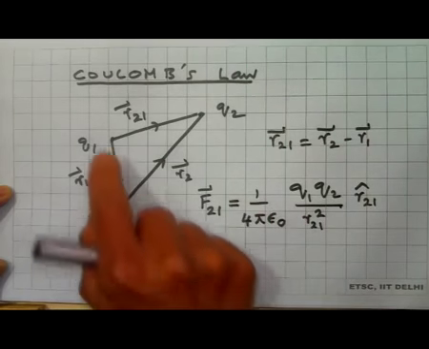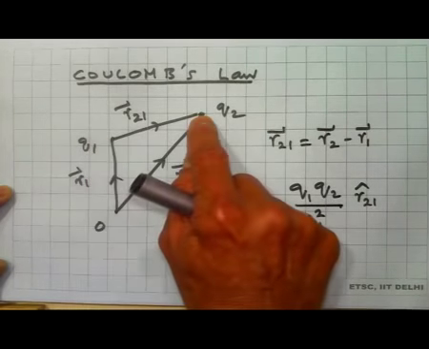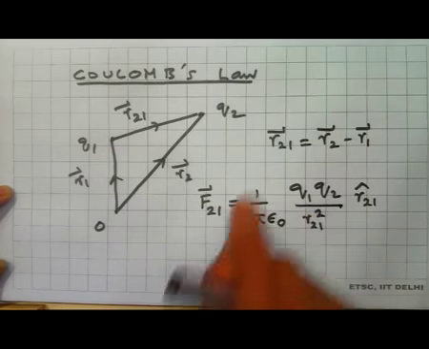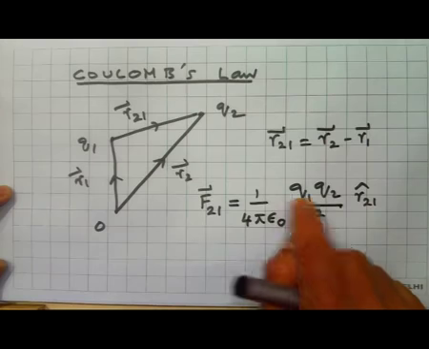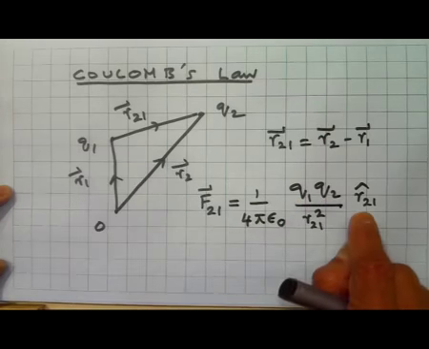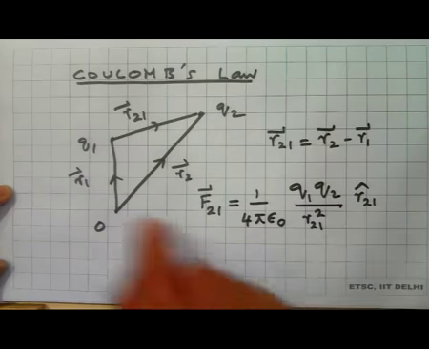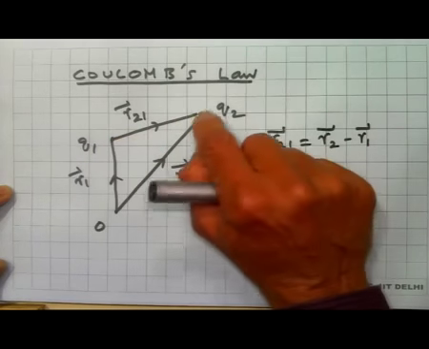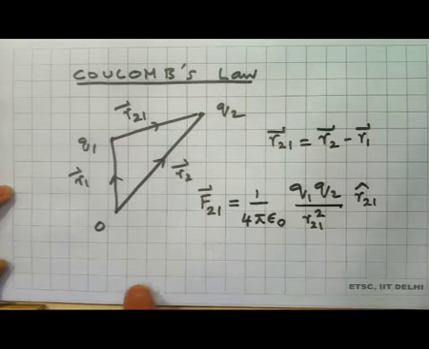Similarly, if q1 was negative and q2 was also negative, then this force again becomes positive, the product of two negative numbers. So, the force has the same direction as the r21 unit vector. So, the force on q2 because of q1 is again in this direction, which is again repulsive.